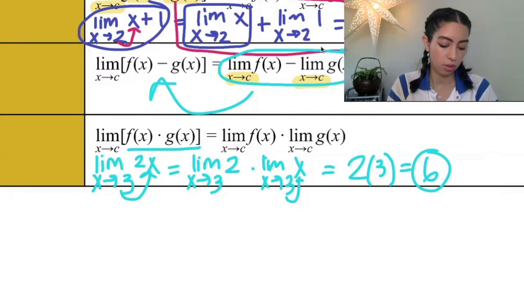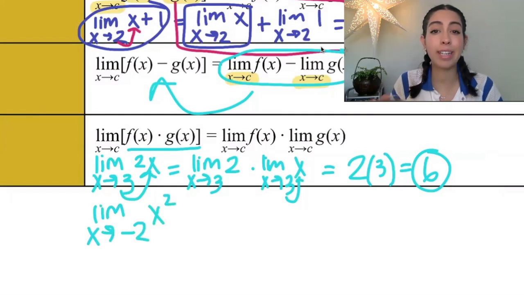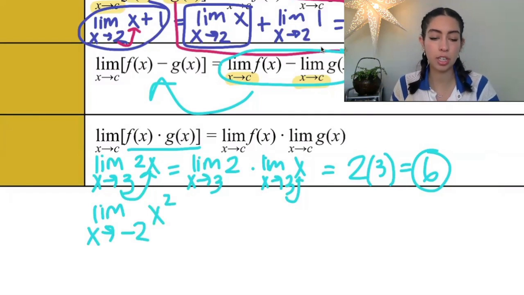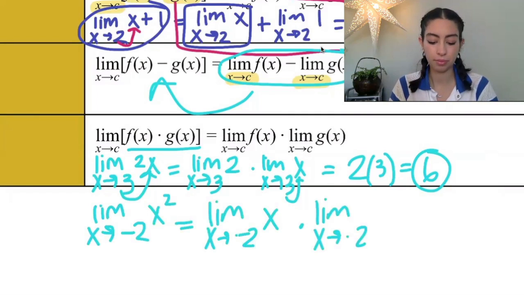We can do one other one here that's very common, when we have something like x squared, right? Or any kind of polynomial type function. We could break it down: the limit as x goes to -2 of x times the limit as x goes to -2 of x.